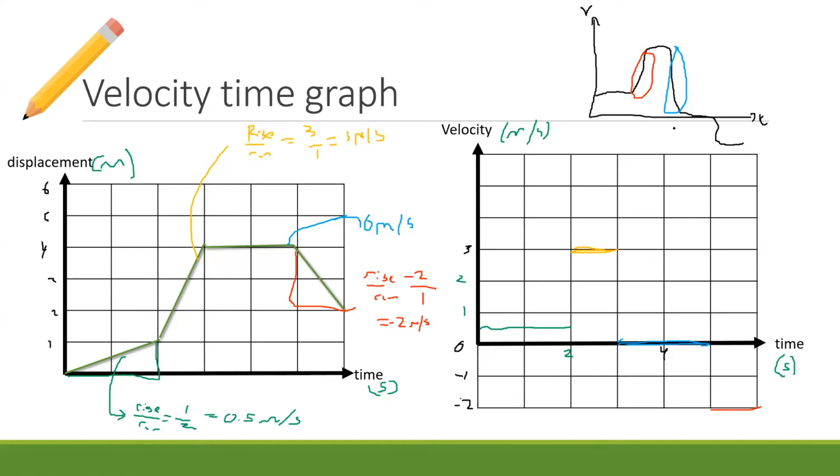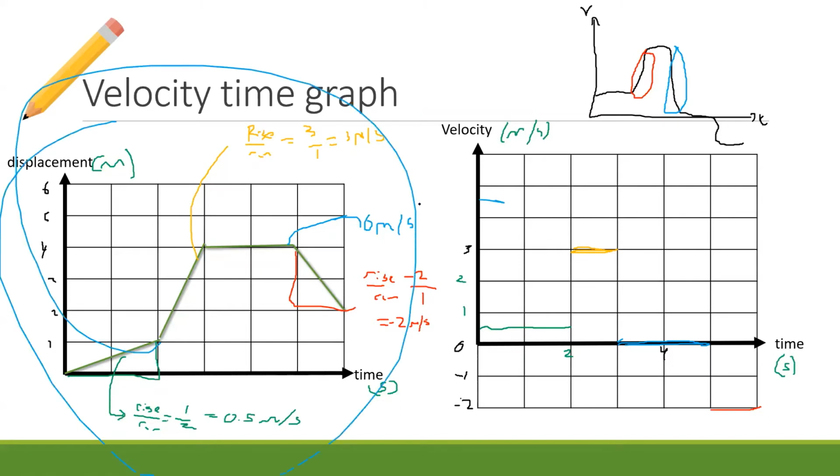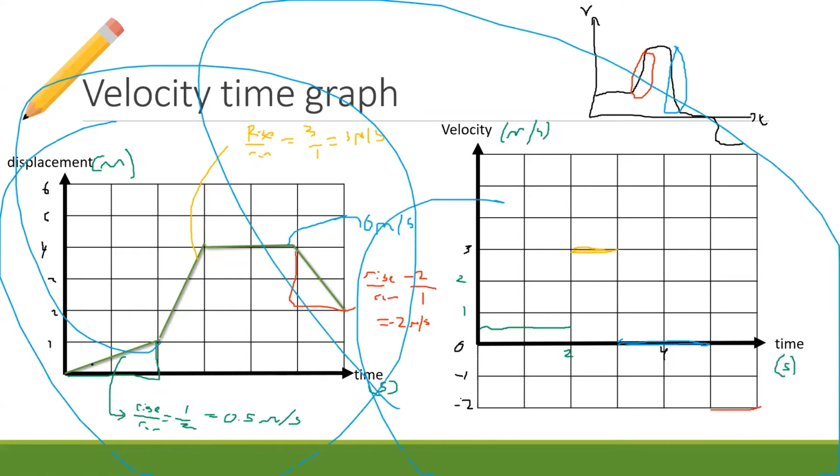So you speed up slowly, but then you'll speed up faster and faster as you build up a bigger and bigger speed. And we're going to talk about that in a second, because there's actually some fundamentals here. But has anyone got any questions on what I did and how I went from a displacement time graph to a velocity time graph? Does anyone have any questions on how I did that, or is anyone unclear of something?